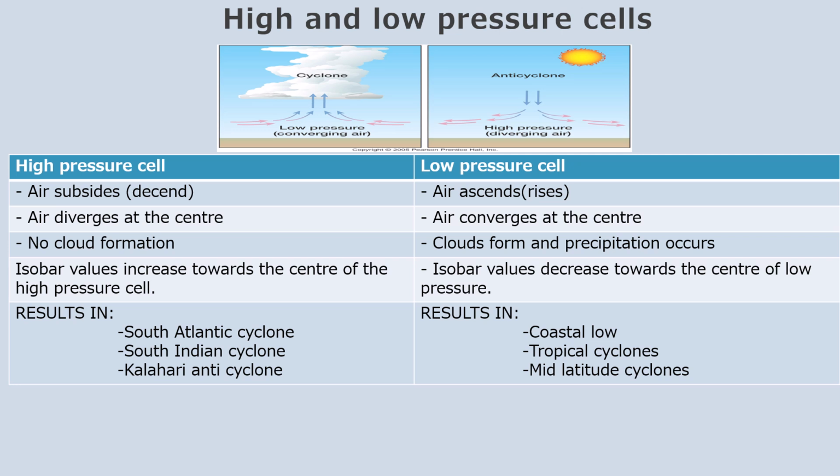Remember, we have stated that the high pressure cell consists of air that is descending, while the low pressure cell consists of air that is rising. Let's carry on. The isobaric value under the low pressure cell decreases towards the center of the low pressure, which means it decreases when going down.